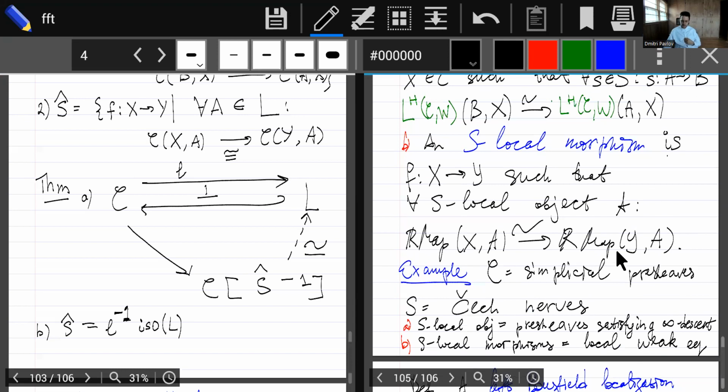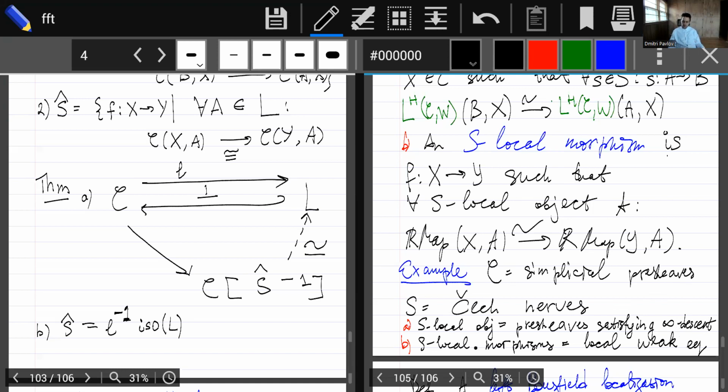And just to keep you on track, for the case of simplicial presheaves, you will take S to be the set of all Čech nerves of all possible covering families. Then S-local objects will be simplicial presheaves that satisfy a homotopy coherent version of the descent condition or the gluing property.